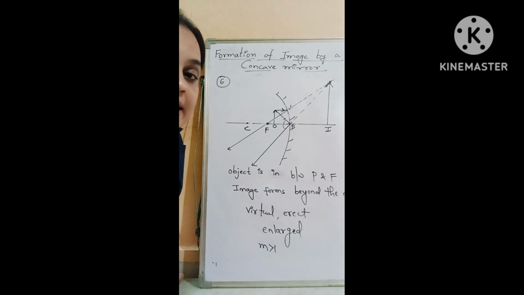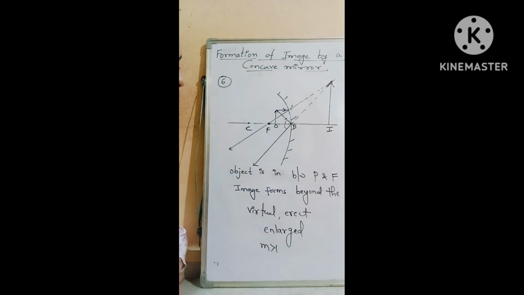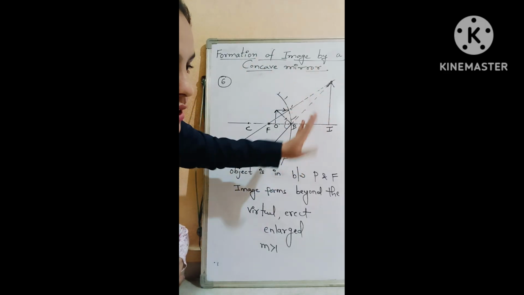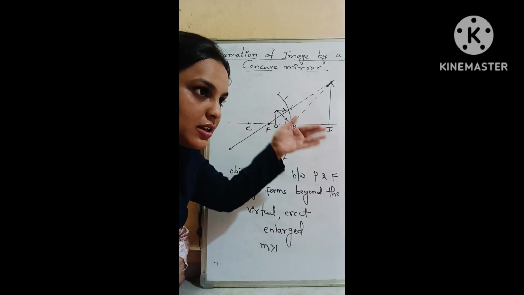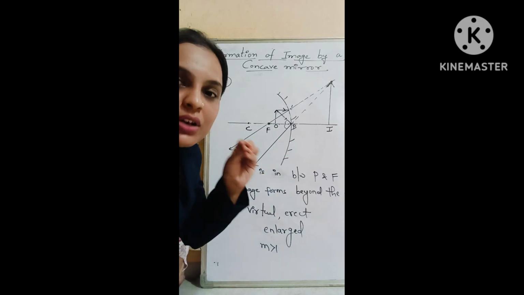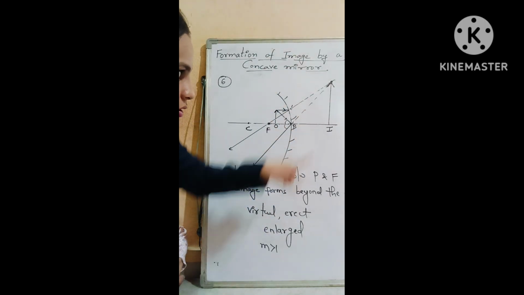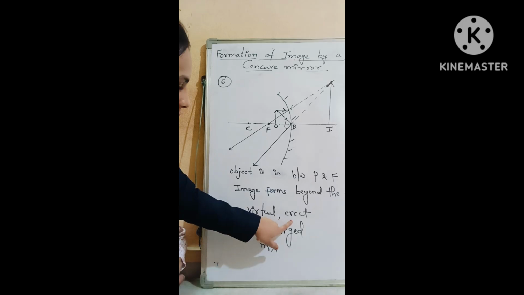If extended reflected rays meet, then we get a virtual image. So this is the virtual image. A virtual image is always erect. This time the image is not inverted. When do we say inverted? If the image forms below the principal axis, that is inverted. This time the image forms above the principal axis, so it is virtual and erect.